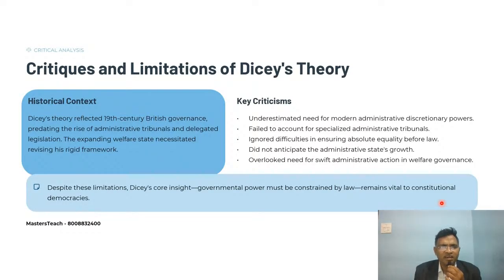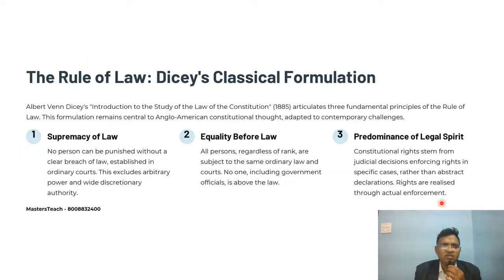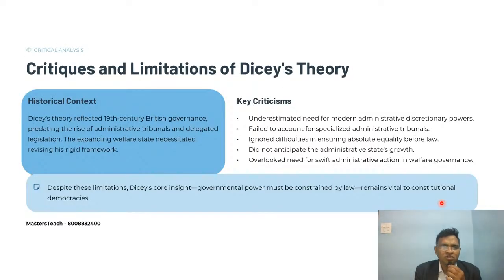Then criticisms and limitations of Dicey's theory. This particular work, Introduction to the Study of the Law of the Constitution, given by Albert Venn Dicey, is relevant to its historical context of the 19th century.